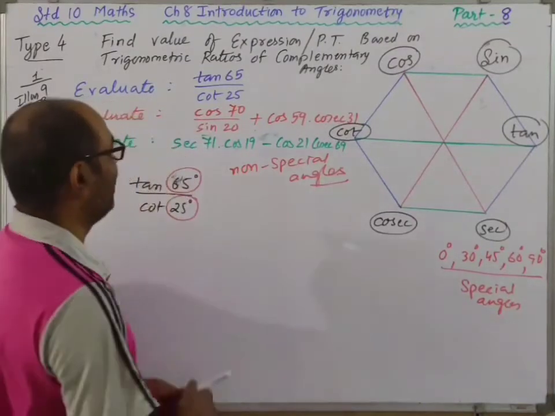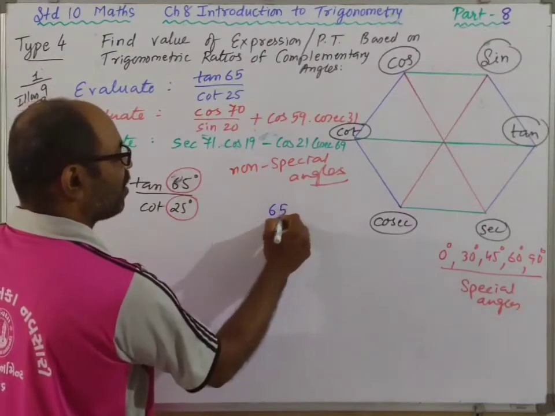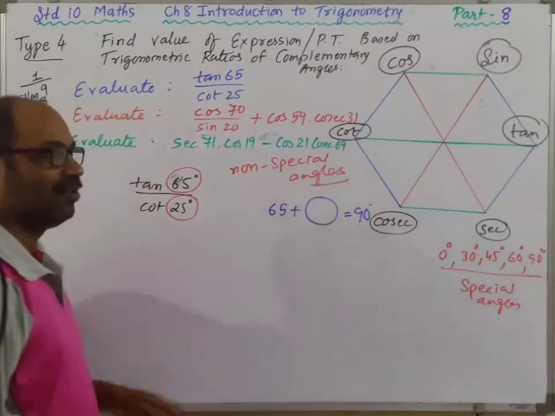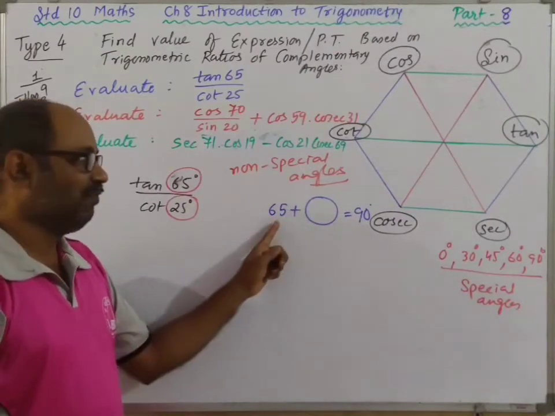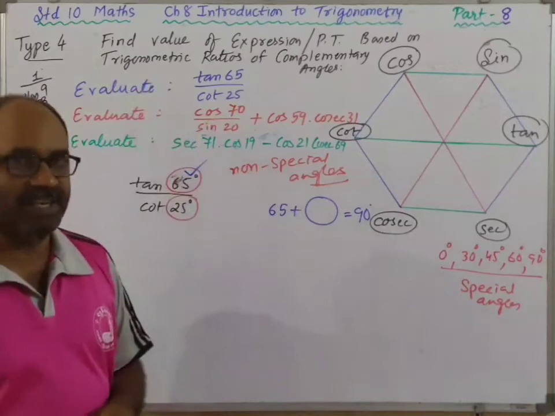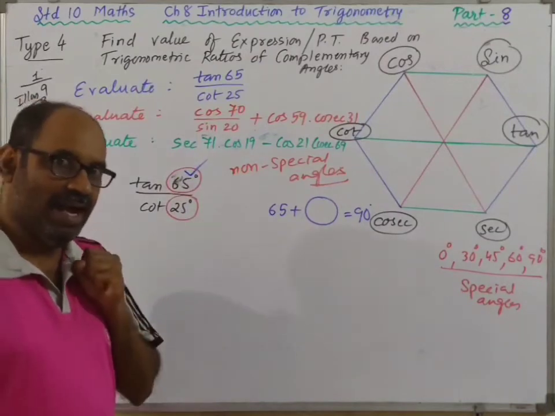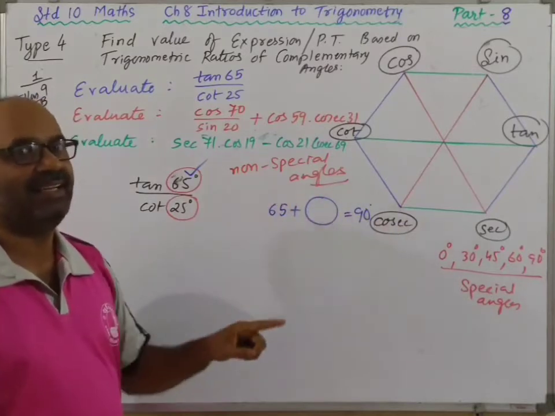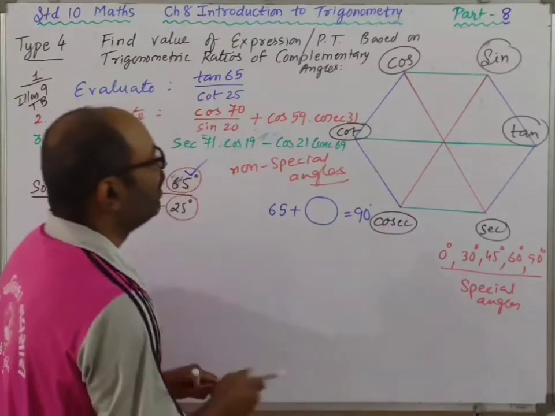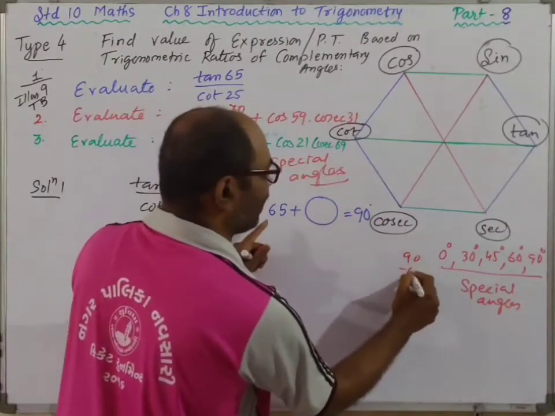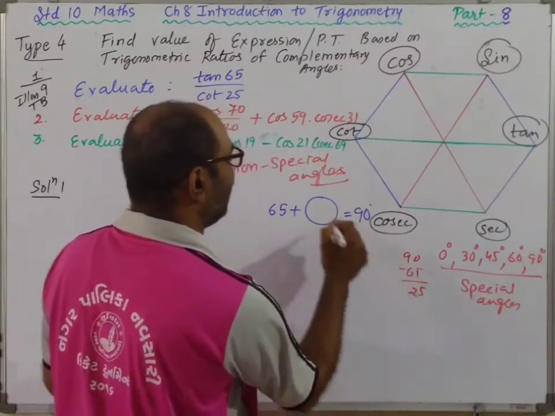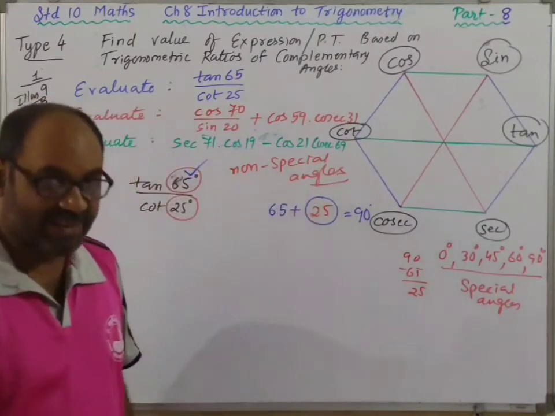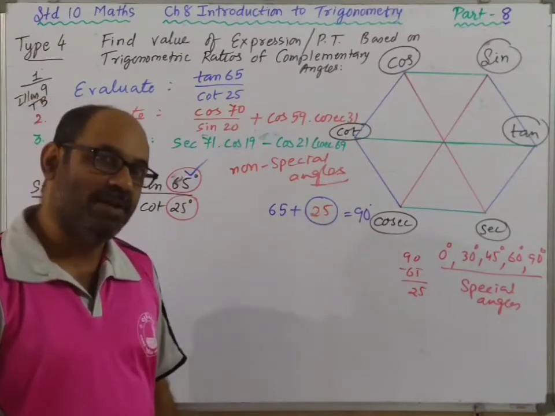Chaliye, 65 plus what is equal to 90, because we will get its complementary. I have taken the first non-special angle, it is 65. 65 plus what is 90? If you don't know, subtract 65 from 90, so that is 25. Correct? So 65 and 25, their total is 90, so they are complementary to each other.